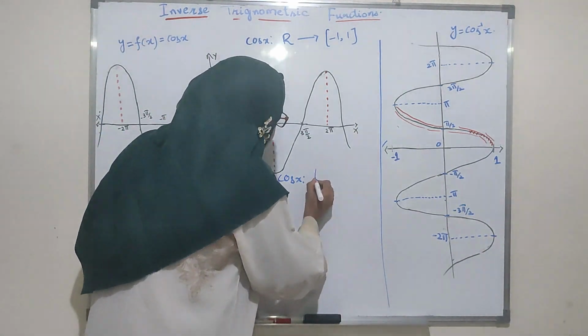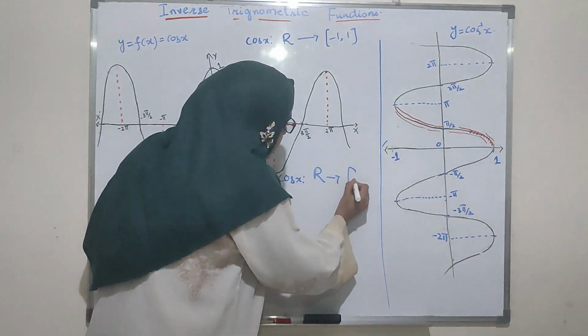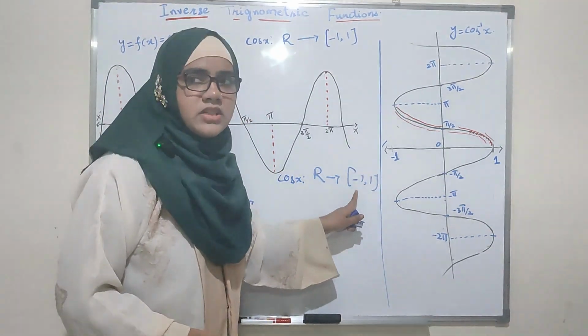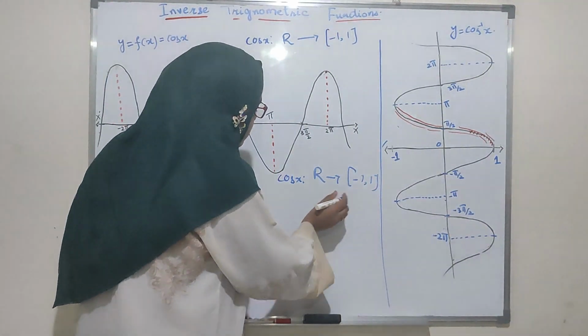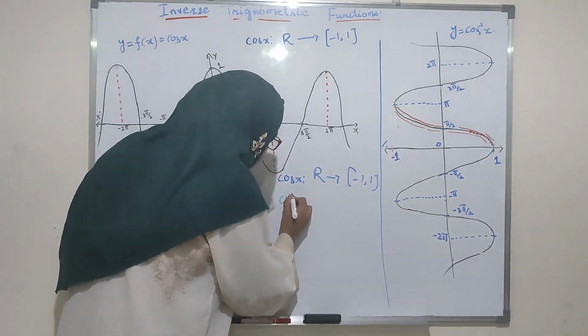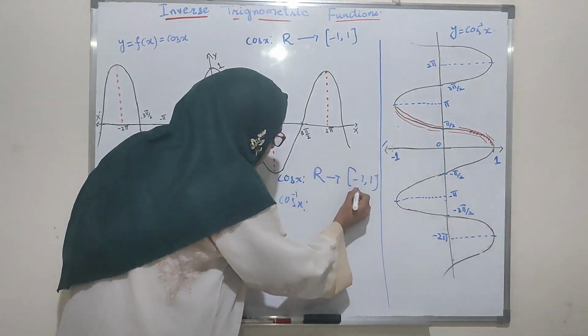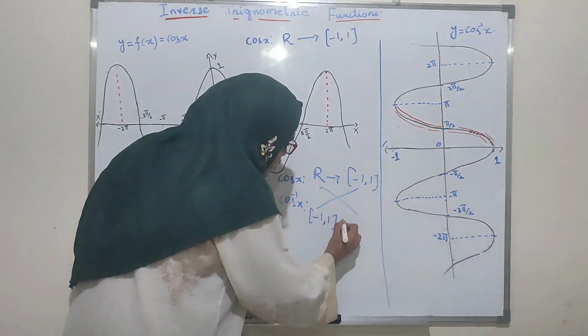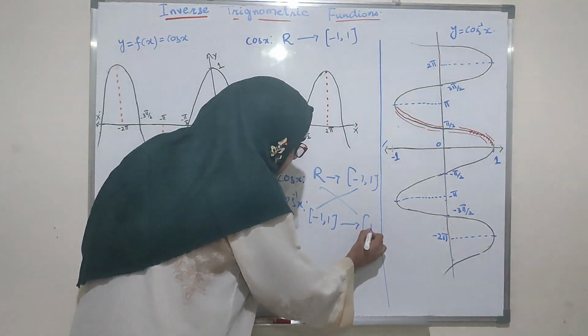So here the range is R and the domain is minus 1 to 1. But for cos x it will switch like this: the domain is the real numbers and the range is minus 1 to 1.